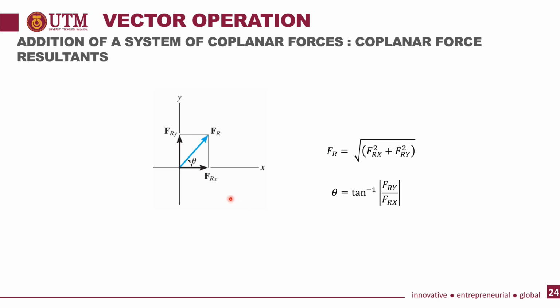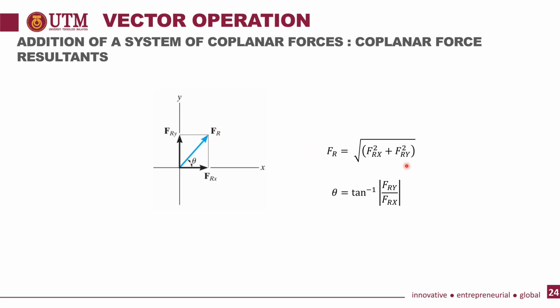Right, so for Cartesian form, and also for the scalar vector notation, if you want to find the resultant force and you already have the total force with respect to the x-axis and the total force with respect to the y-axis, the resultant force equals the square root of the total force in x squared plus the total force in y squared.